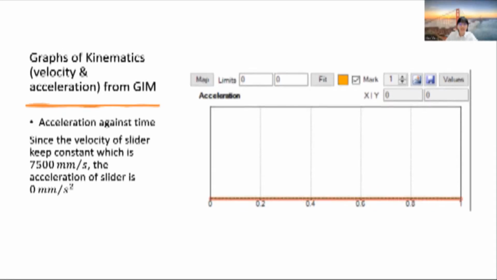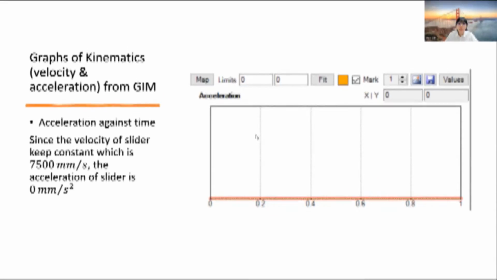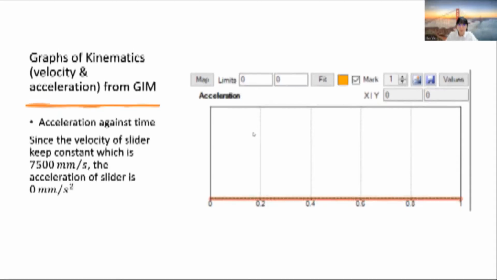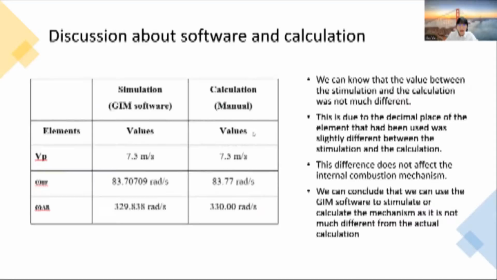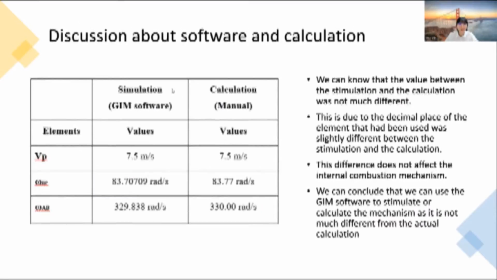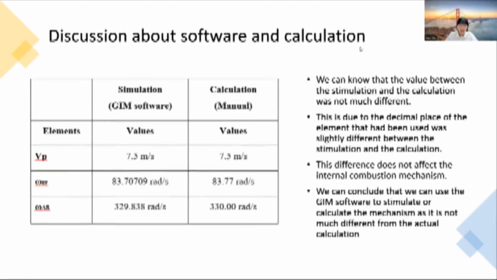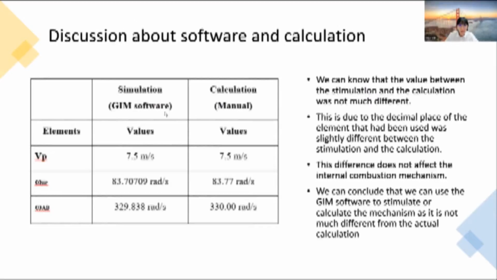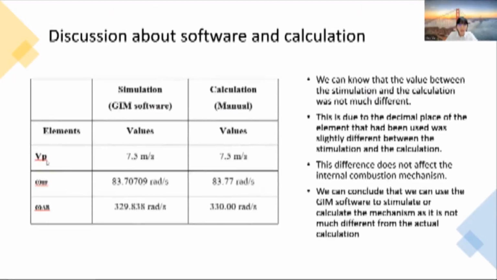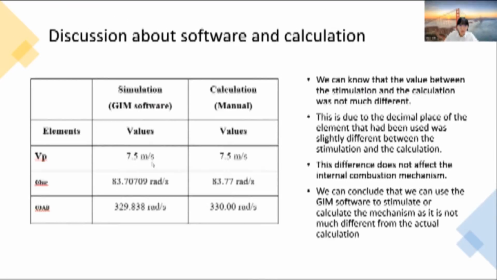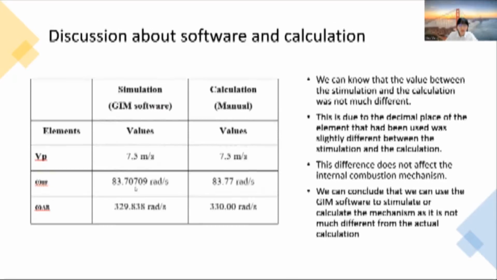Now I'm going to continue on the discussion about the GYM software and manual calculation. We did the simulation using the GYM software, and we got the velocity of P as 7.5 meters per second, while the angular velocity of BP is 83.70709 radians per second, and the angular velocity of AB is 329.838 radians per second.